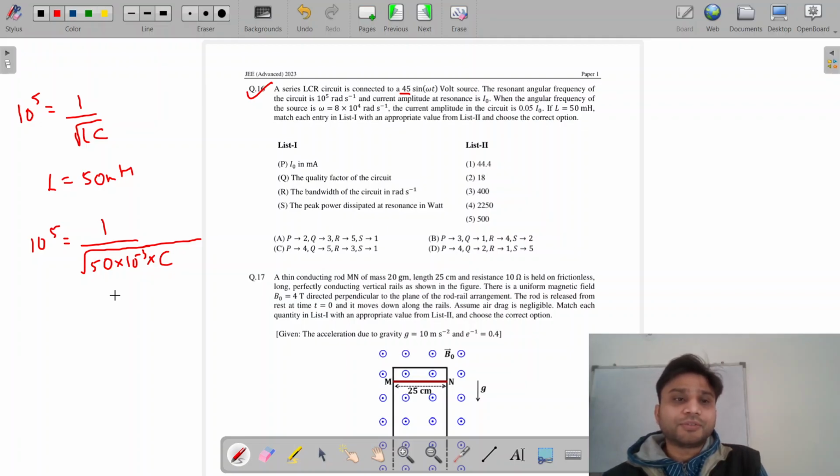Using that, we have to find the current amplitude in the circuit. So current amplitude is 0.05 I naught when the angular frequency of the source is 8 into 10 to the power 4.